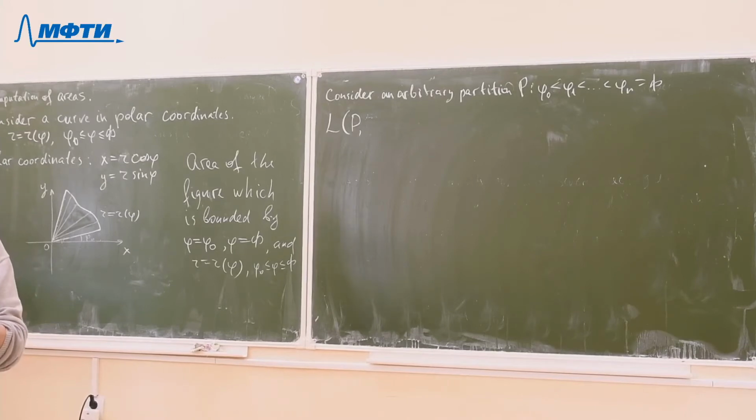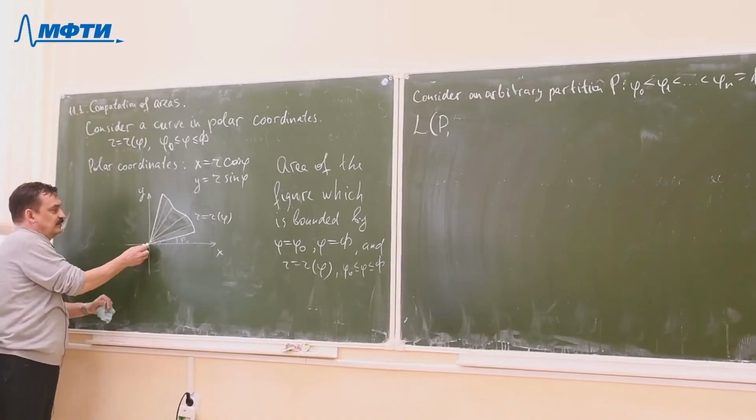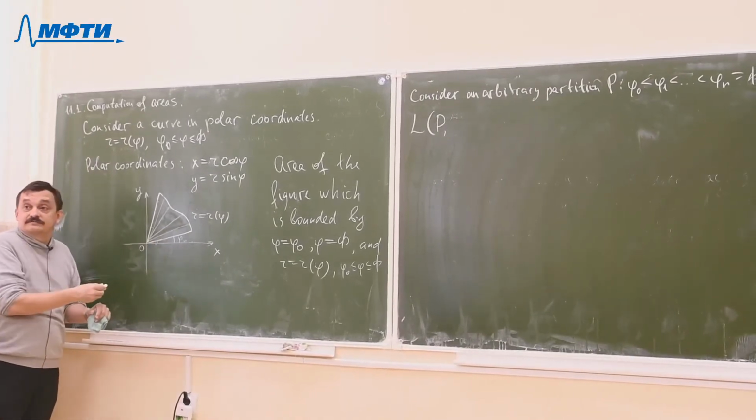So we want to replace our figure by a figure which is simple from the point of view of computation of area. What is the simplest area of such a kind? That is a sector, right?